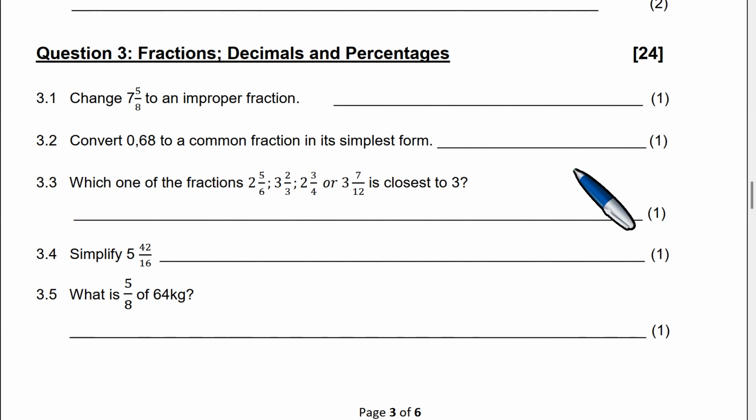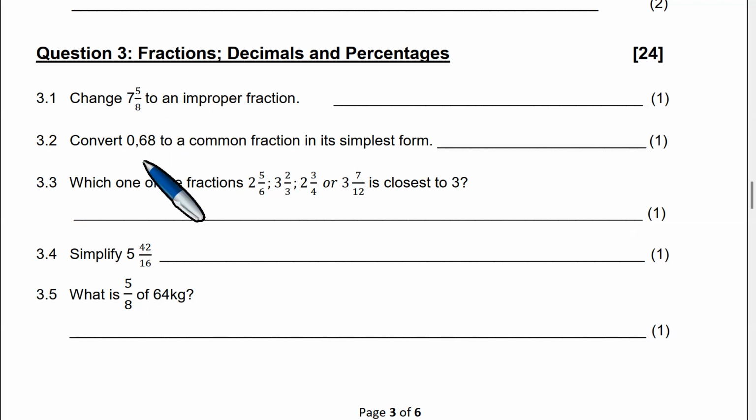No, sir. Okay. Is it 5 over 1? Right, change this one to an improper fraction. 7 by 8.